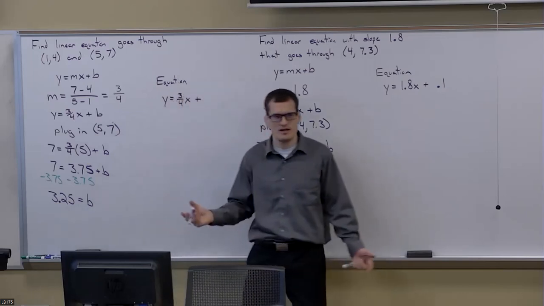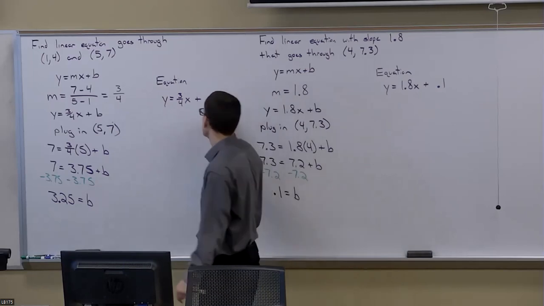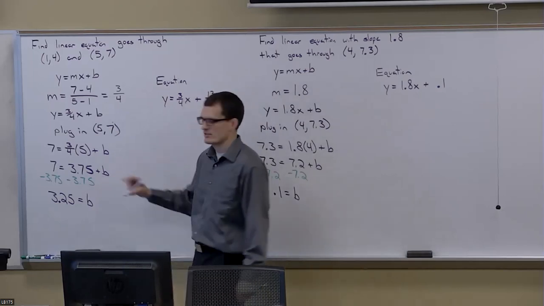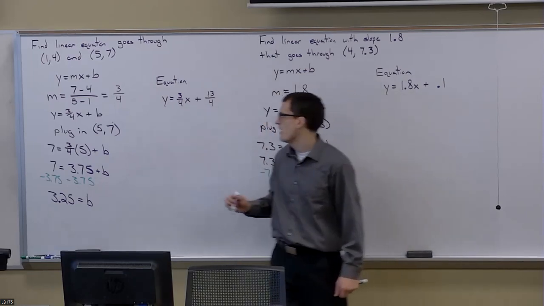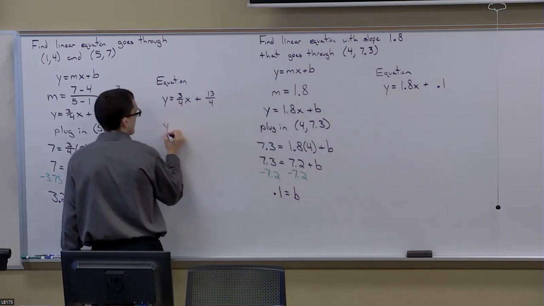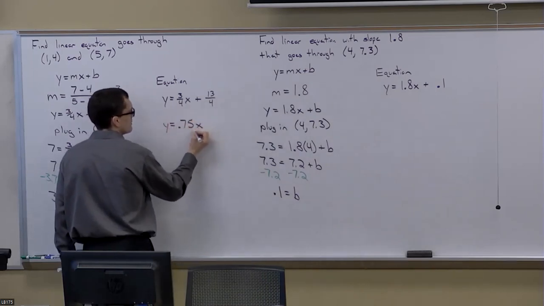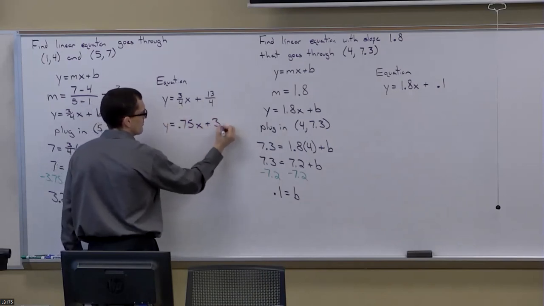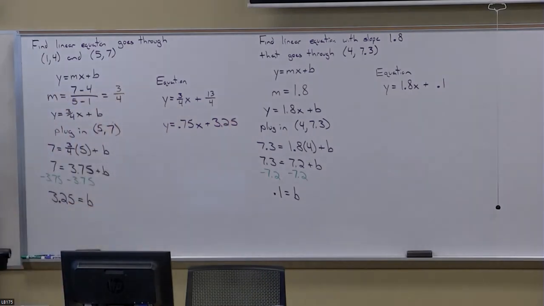Now, depending on how you want to write this, if you want to write this as all fractions, that's fine. 13/4 is the fraction version of 3.25, that's fine. Or if you rather, I think Moodle will ask you for the decimal versions. So that would be 0.75x plus 3.25, whichever one that Moodle asks you for.